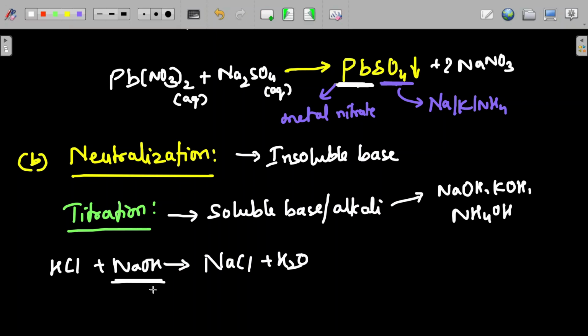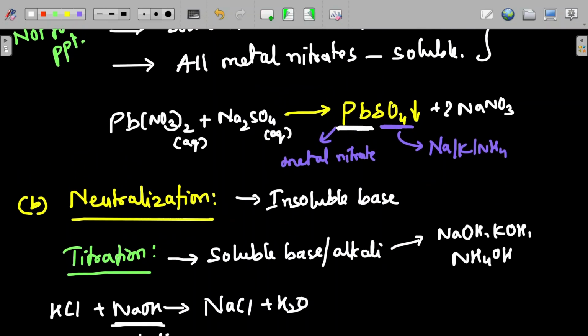Since I am using NaOH, a soluble base or alkali, you call it titration. But if they don't give you the option of titration, then you can match it with neutralization also. If they give you titration, then you match it with titration.